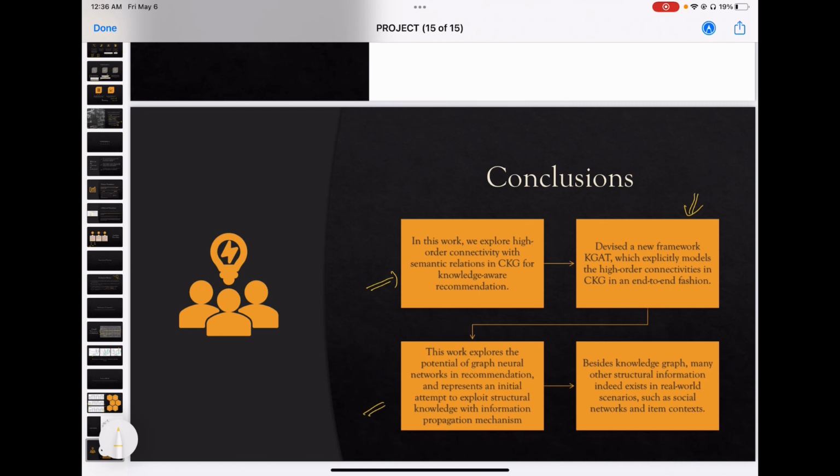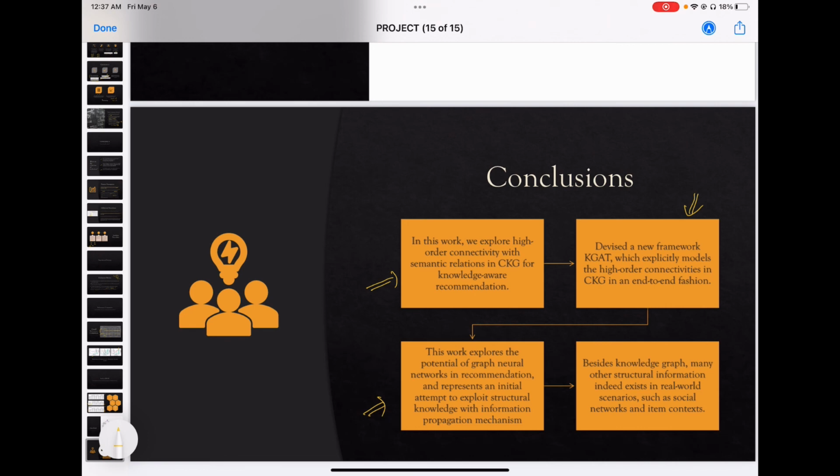This work also explores the potential of graph neural networks in recommendations and represents an initial attempt to exploit structural knowledge with information propagation mechanisms.